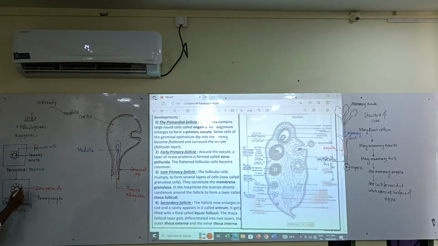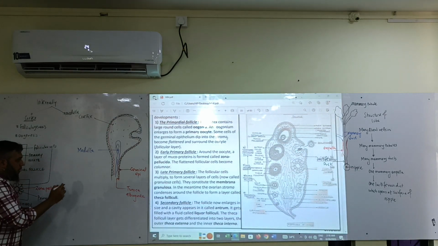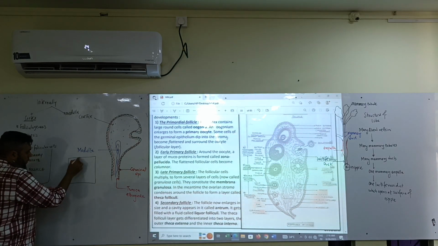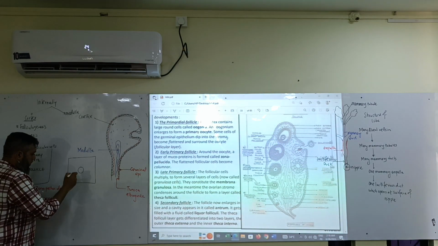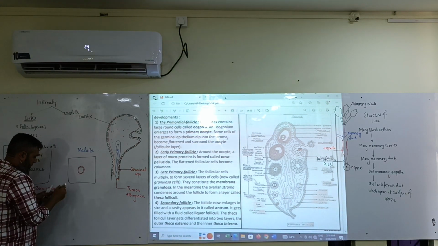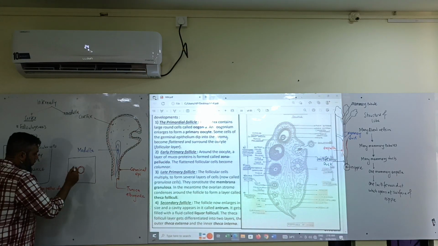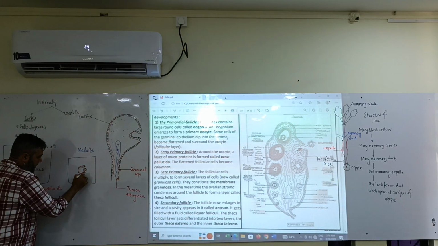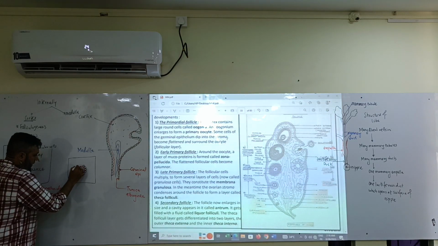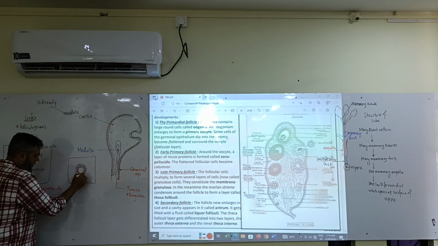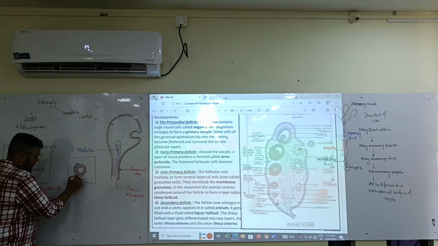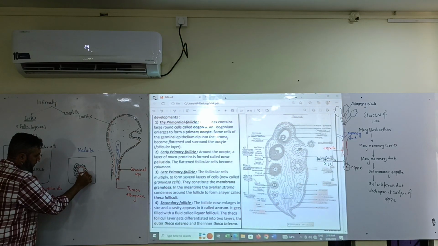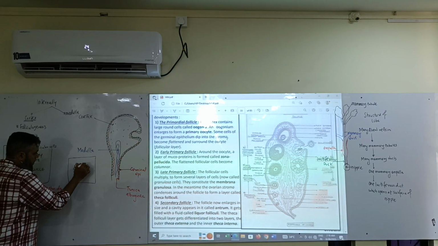Now, these follicular cells undergo cell division. This is the primary oocyte, followed by which cells, bachalo? Which layer? Zona pellucida. And I said that now these cells are undergoing what? Cell division. And these cells are now called membrana granulosa cells.